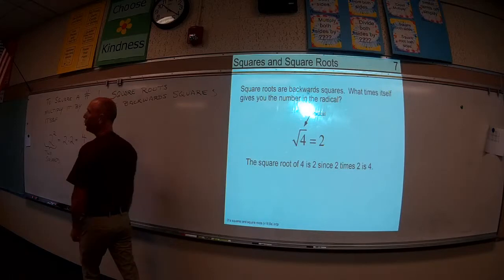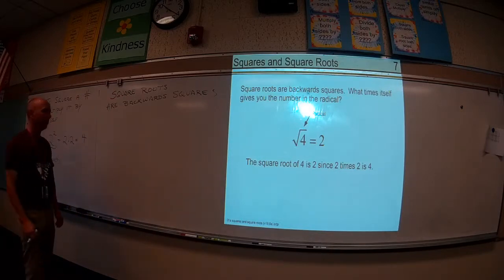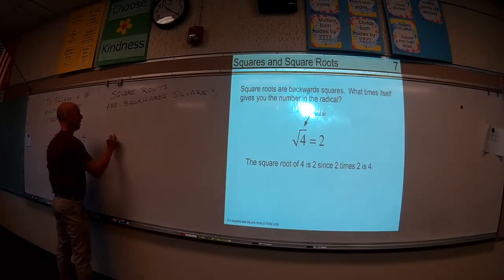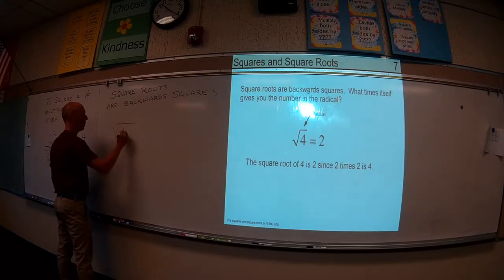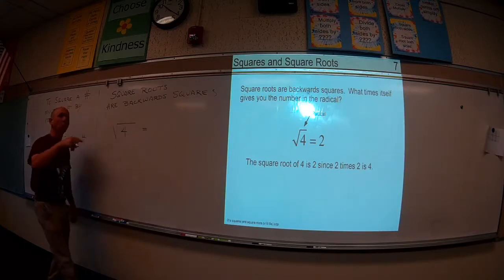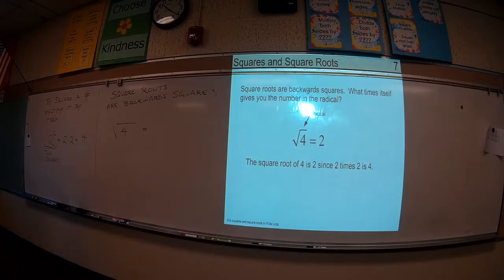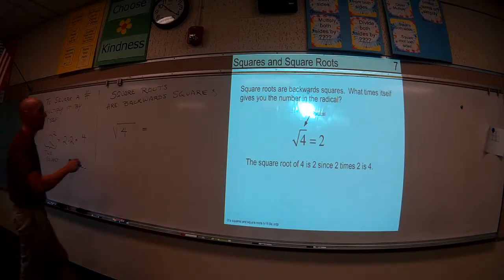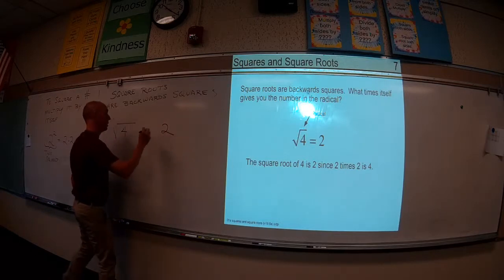They undo a square. So if I have the square root of 4, well, what times what makes a 4? Sam? 2. So the square root of 4 is 2.